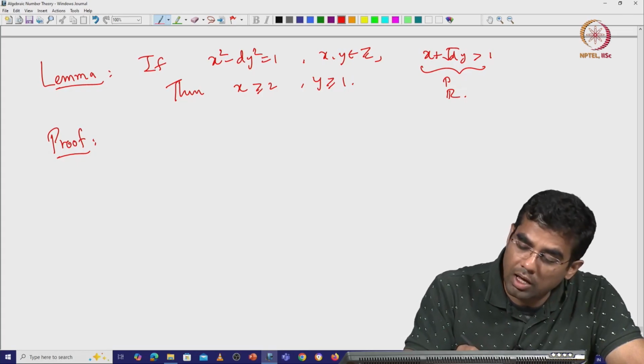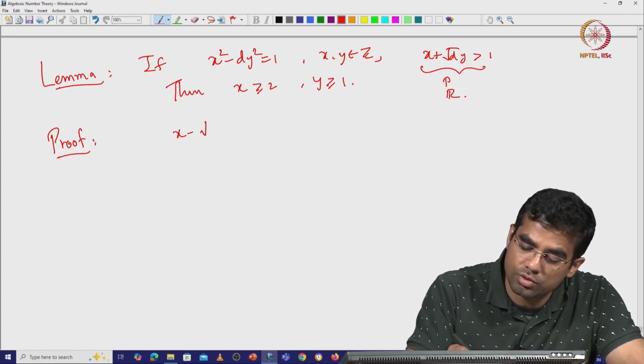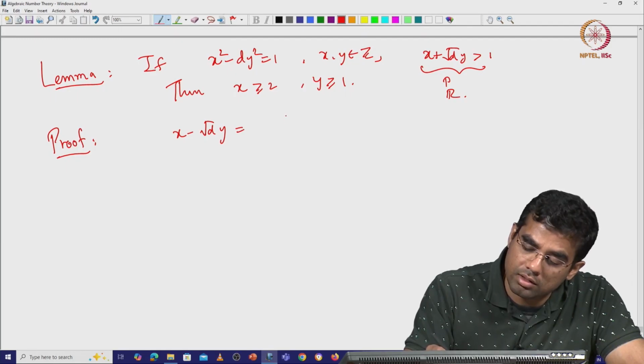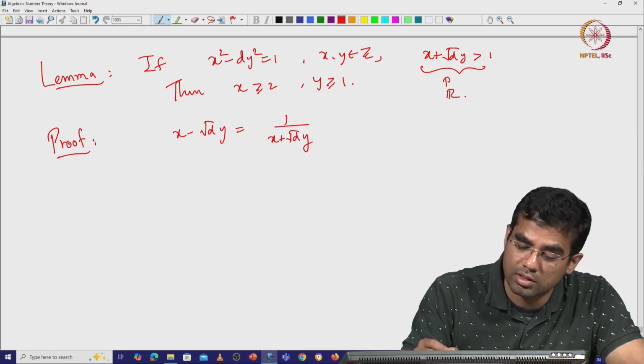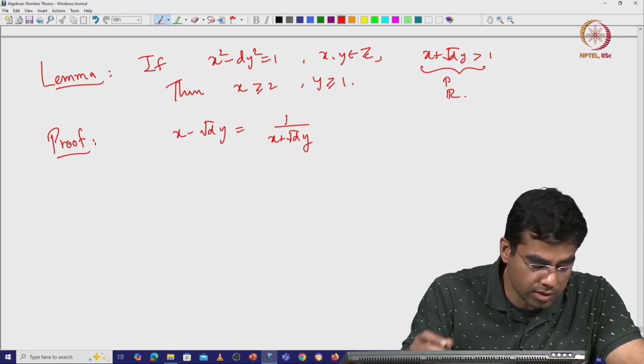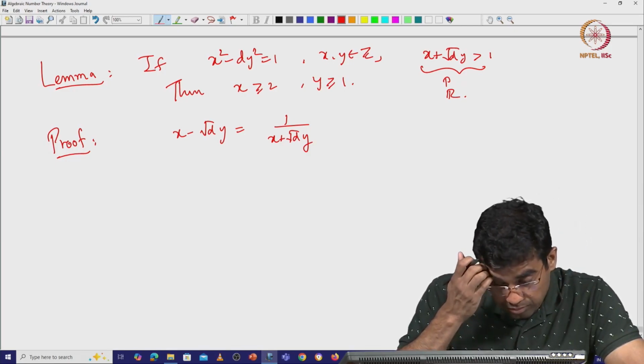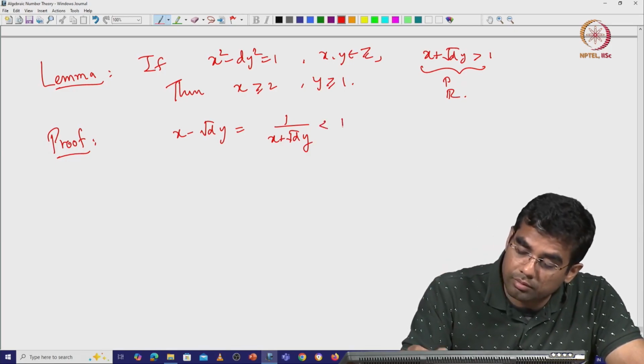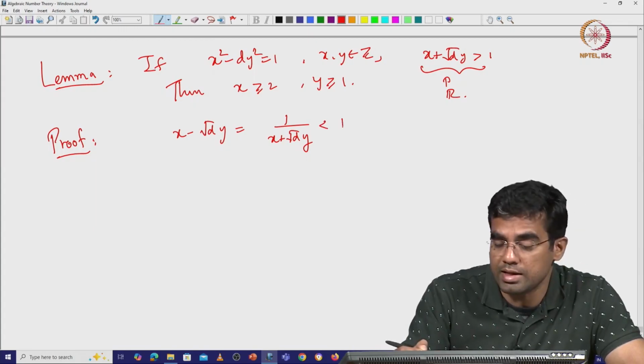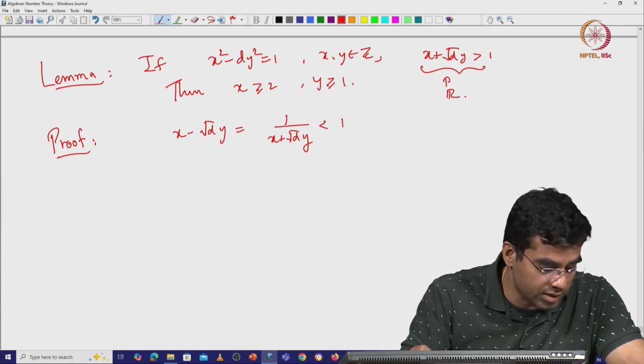Okay. So, what happens if I look at x minus square root of dy? This is 1 over x plus square root of dy, just because the norm of x plus square root of dy is 1, and so this thing will be less than 1. This is by our hypothesis.